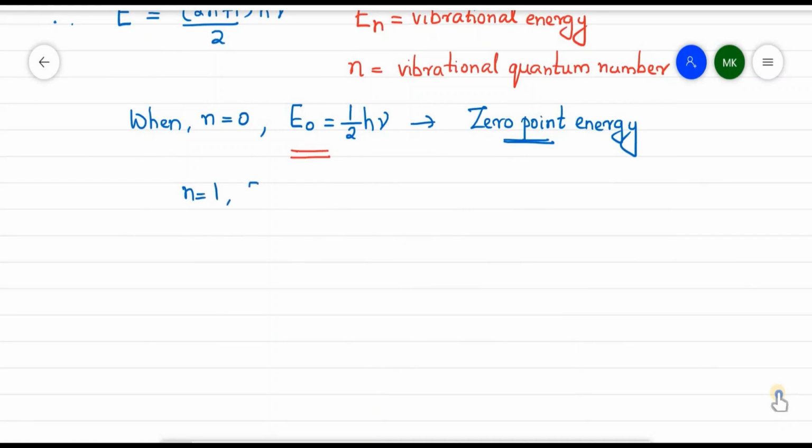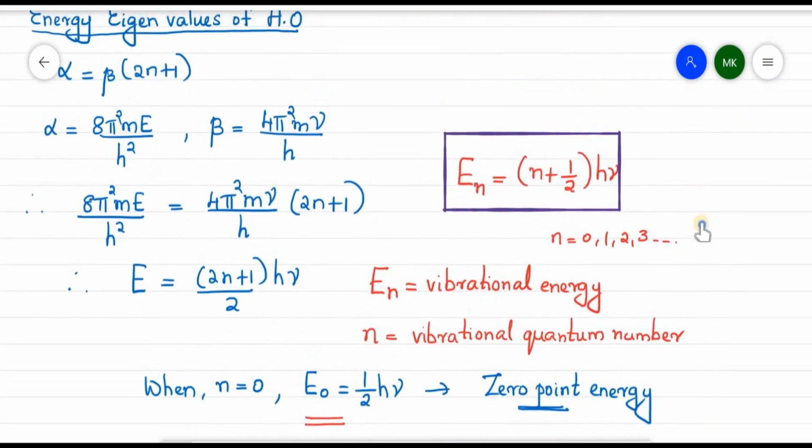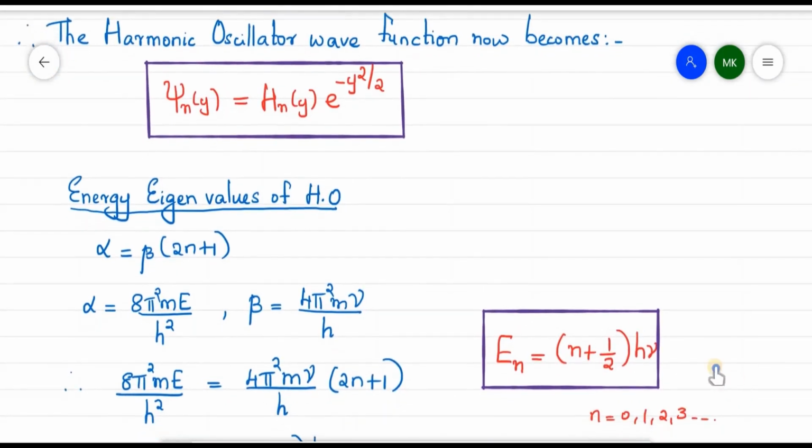For n equals 1, E1 equals 3 by 2 h nu; n equals 2, E2 equals 5 by 2 h nu, etc. Here you can see as n increases by unity, the energy increases by h nu, so that the energy levels are equally spaced.